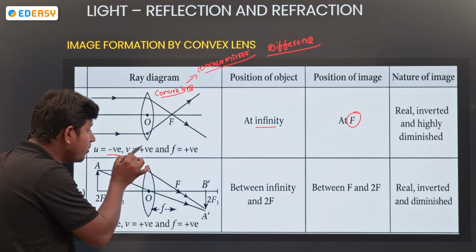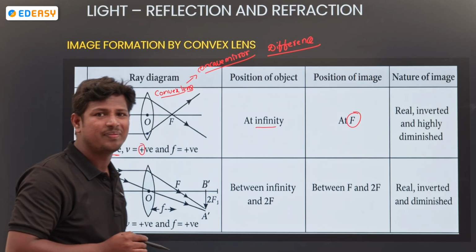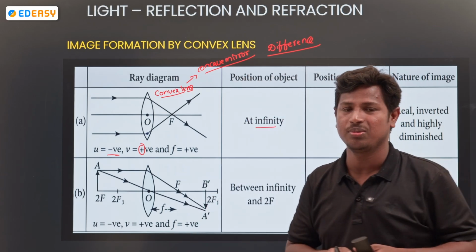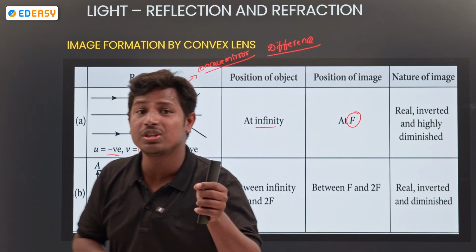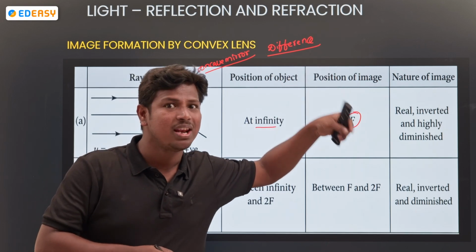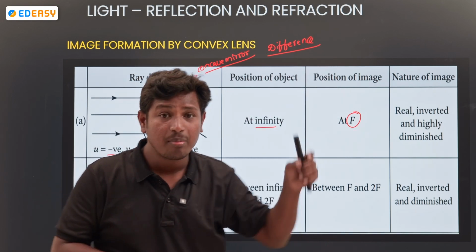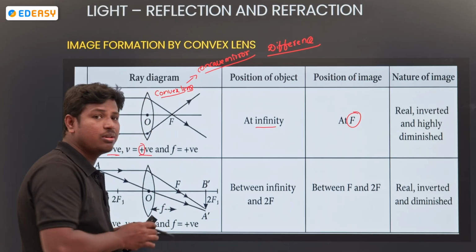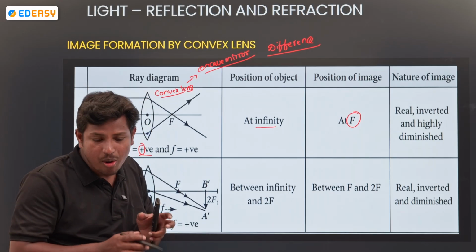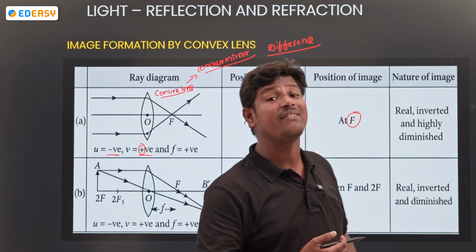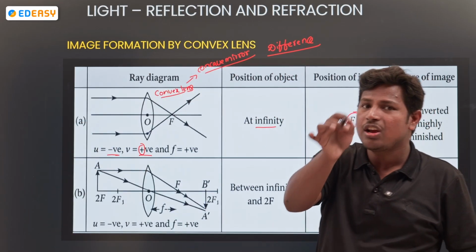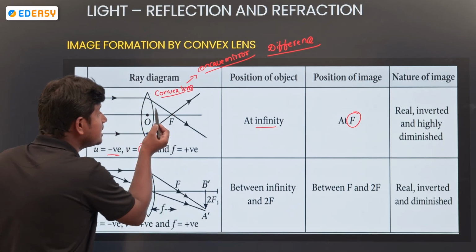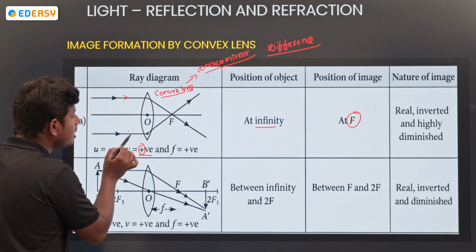Can you guess why v is positive? If you know sign conventions, why is v positive? In a concave mirror, v was negative, but in a convex lens v is taken positive. Anybody can give the reason in the comment section. Because this is the direction of the incident ray.